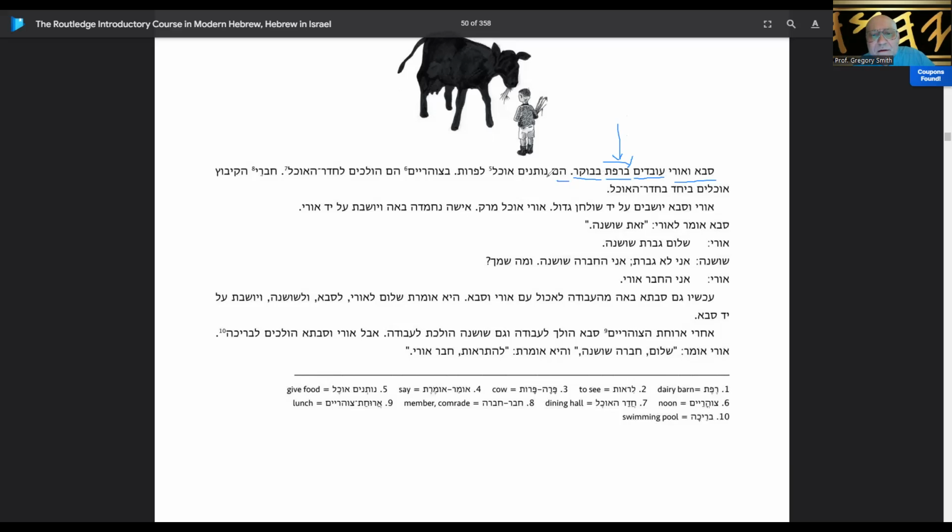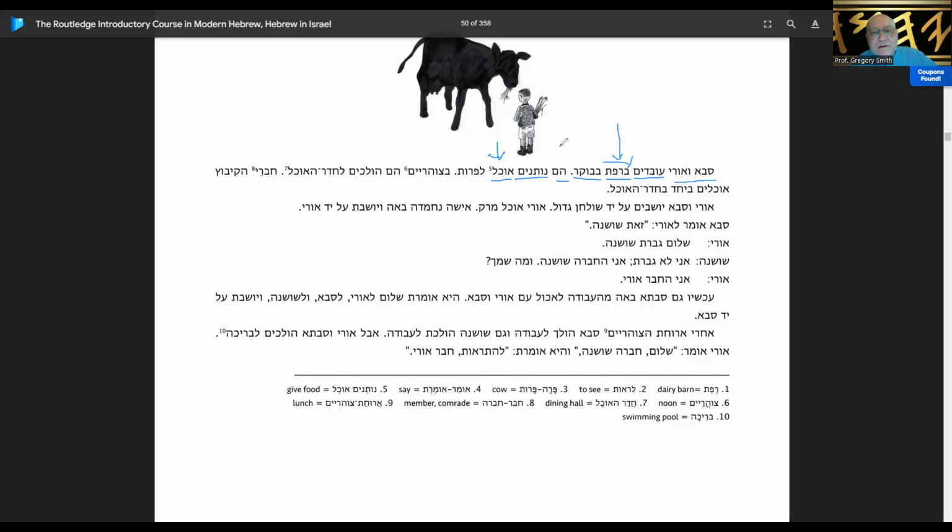Okay, so hem notenim ochel. I know this has to do with eating. Notenim has to do with give. Yeah, they're giving food. Hem notenim ochel.